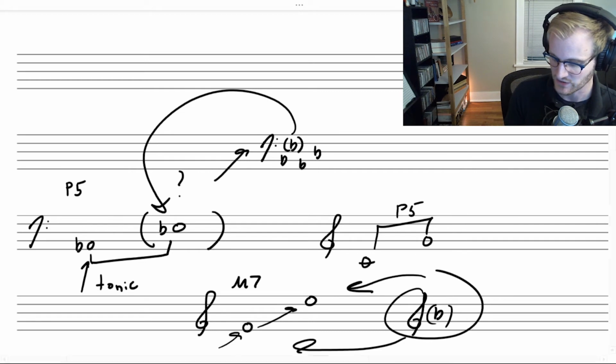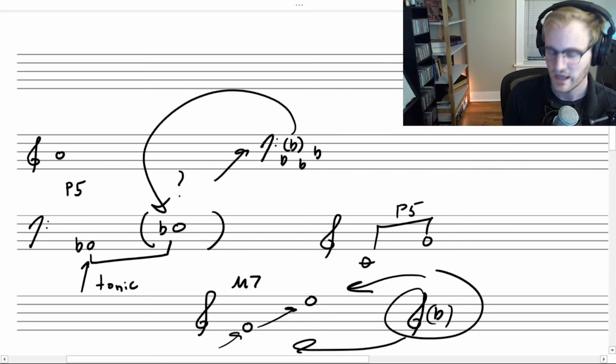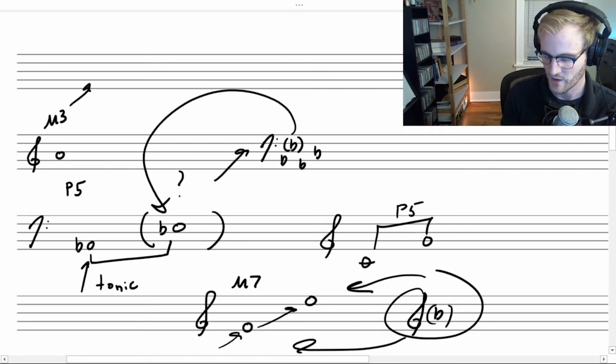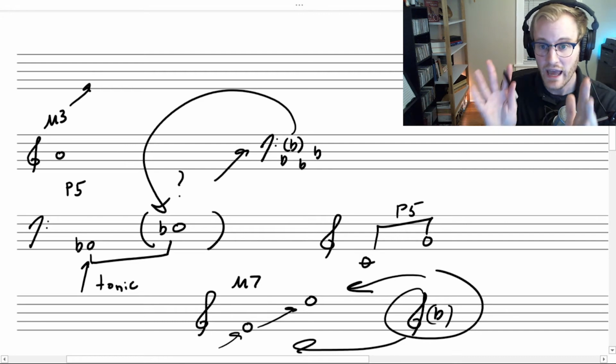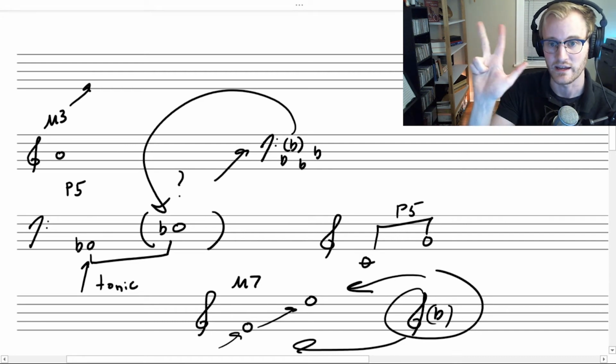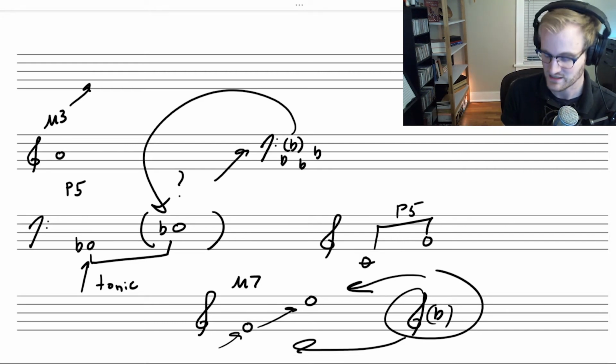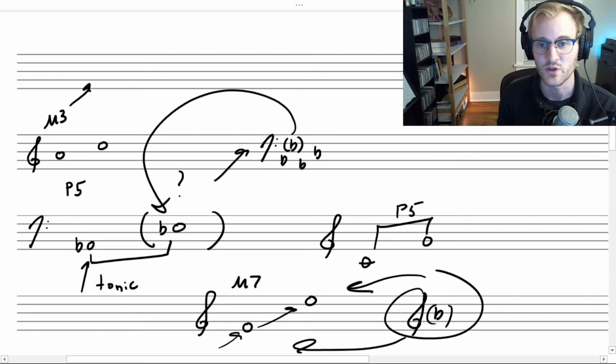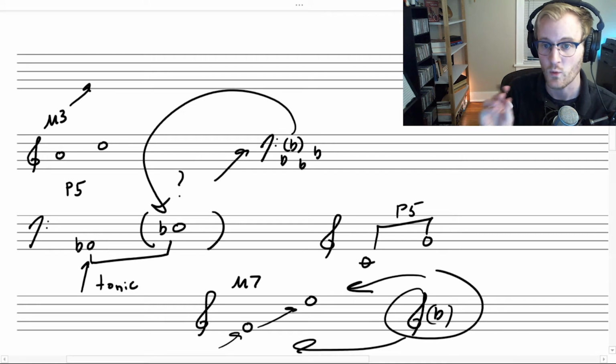Let's do one other example. Let's say that we are starting on the pitch A, and I want a major 3rd up from A. So what would that be? Well, again, do this. Go A, B, and C. I know that it has to be C because I'm counting and I'm using my long and bony fingers, and it takes me from A to B to C. And that works.